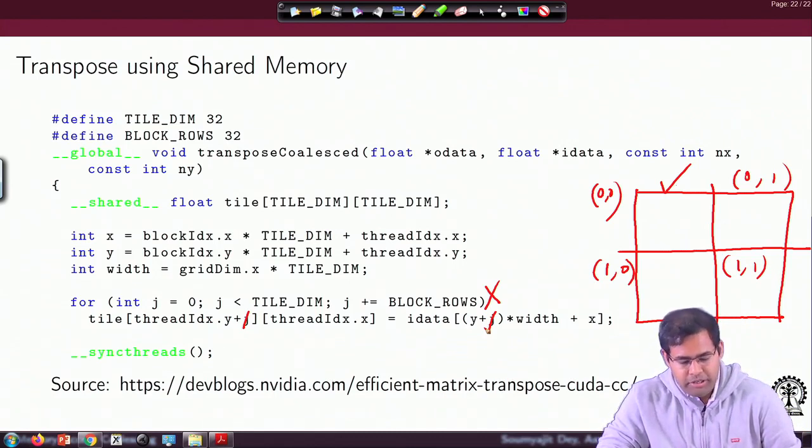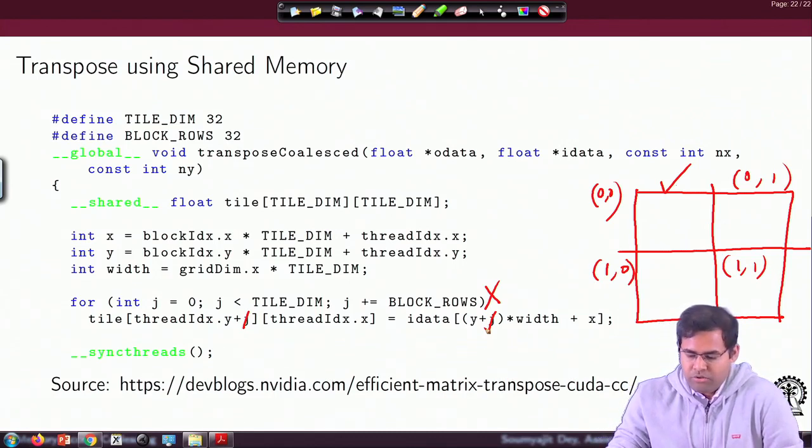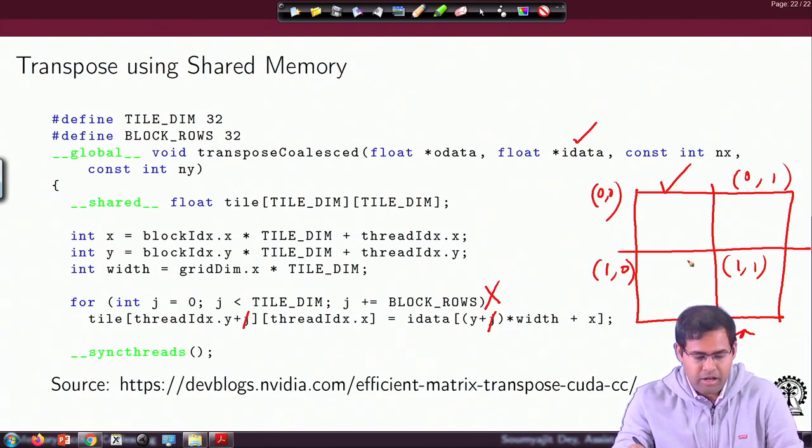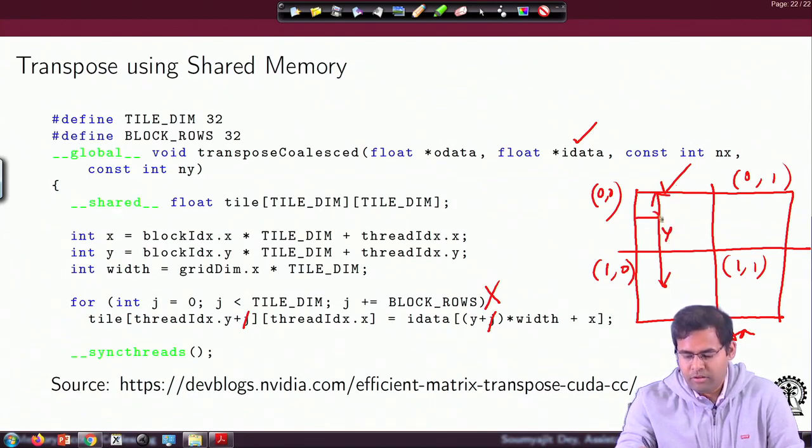So essentially all that is happening is, this idata is your input matrix which has been passed, right. So you have computed for each thread an x, y coordinate, right. So let's pick up some place here. This is my y and this is my x.